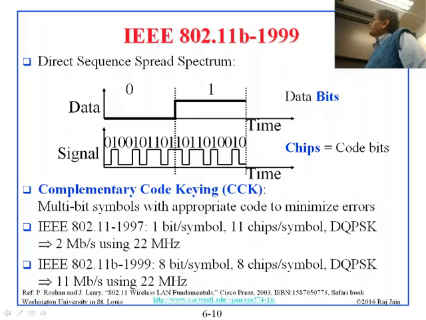Now you do the multiplication. 22 megahertz becomes 22 mega chips, divided by 8, multiplied by 8, you get 22 megabits.